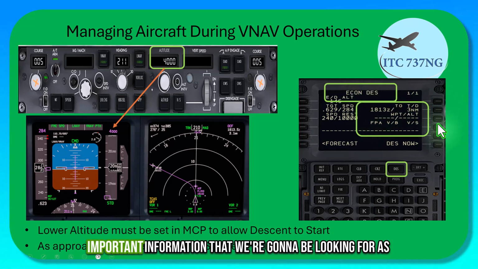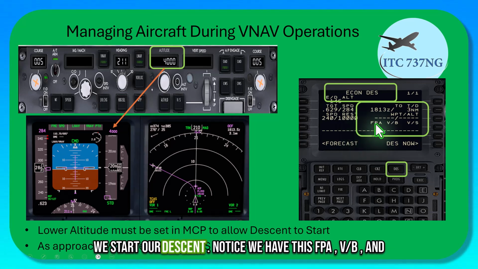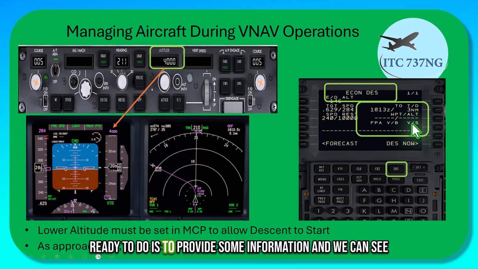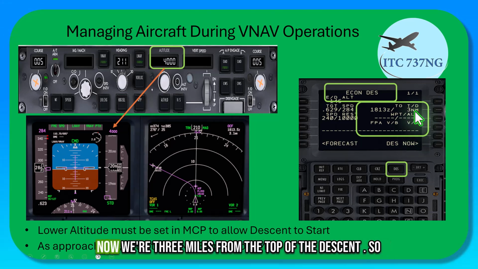But here's the important information that we're going to be looking for as we start our descent. Notice we have this flight path angle, vertical bearing, and vertical speed that does not have any information yet, but it is ready to provide some information. And we can see now we're 3 miles from the top of the descent.